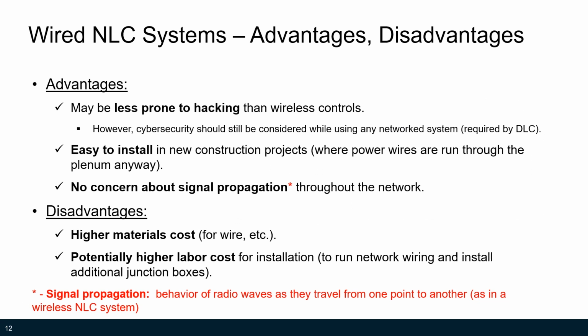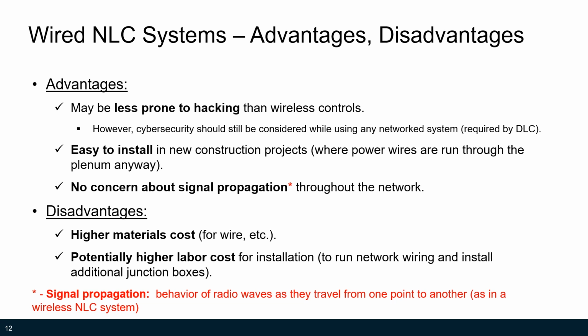So in terms of advantages of wired systems, there's a general perception that they're less prone to hacking than wireless controls. Many IT professionals would argue that point, but that's been the typical perception in our industry. These are typically easy to install in new construction projects because you have to run power wiring anyway, so you should be able to run these additional wires too.